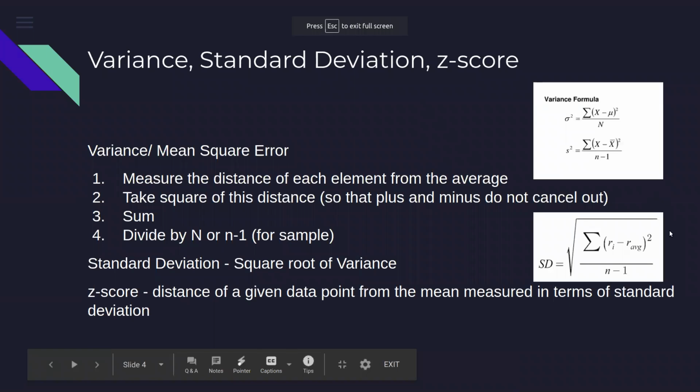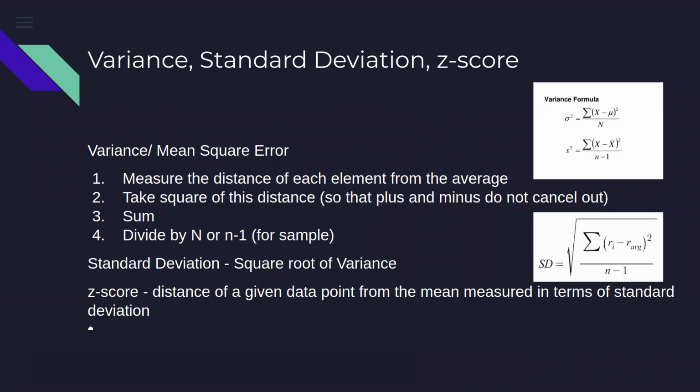And the same thing, if we express in terms of the formula, it will look like this. So if you are taking the variance, the sign that we use is the sigma. So sigma square is the variance, and this is the formula where mu is the average, and x is your individual data elements.